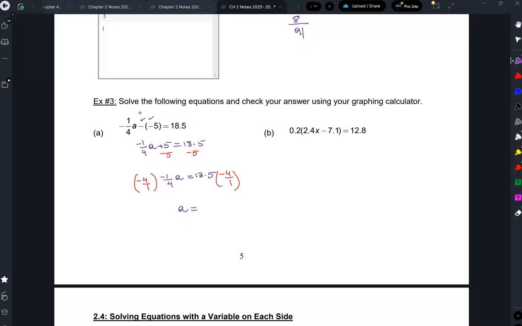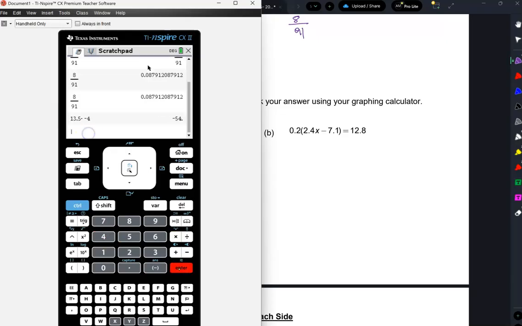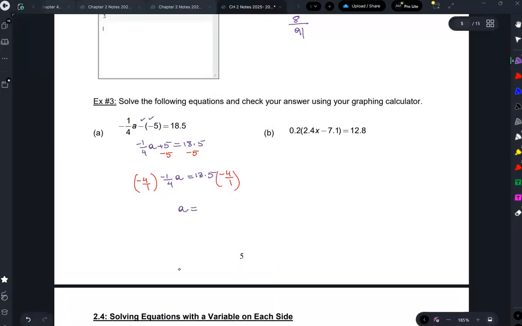You can do 13.5 times 2, right? That's 27, and then multiply it by 2 again. Let's quickly put it in the calculator. 13.5 times negative 4, right? I get negative 54.